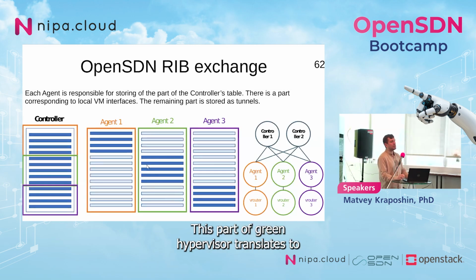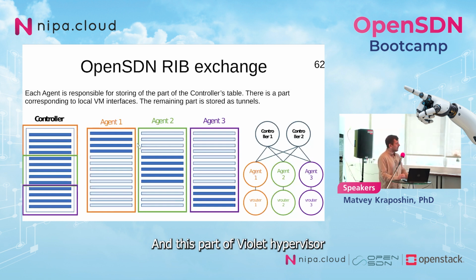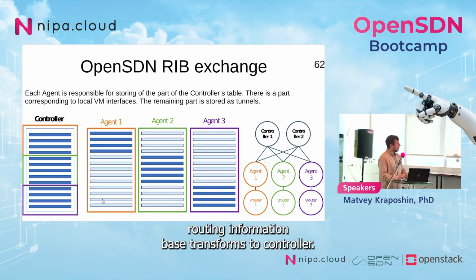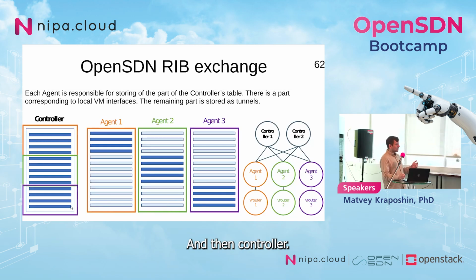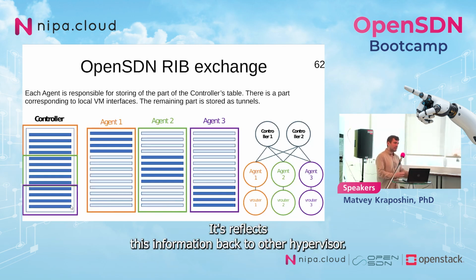This part of the green hypervisor translates to the middle part of controller tables, and this part of the violet hypervisor routing information base transfers to controller. And then when controller has gathered all information, it reflects this information back to other hypervisors.